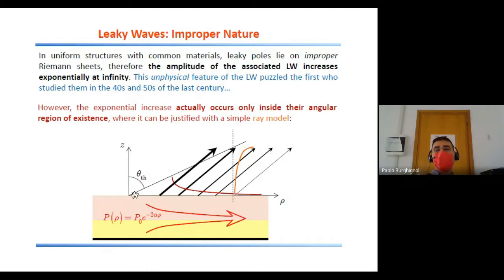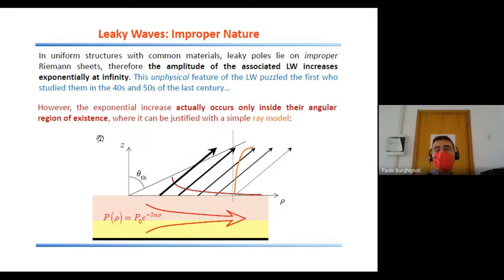So if you look inside the angular region, you will actually find that there is an exponential increase of the field if you go far from the interface. However, when you reach the boundary, that is theta threshold, the wave simply abruptly ceases to exist. So the exponential increase stops.